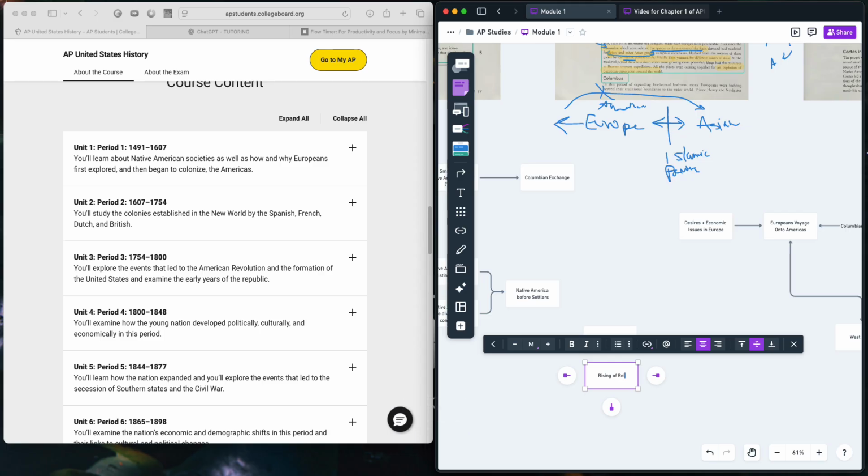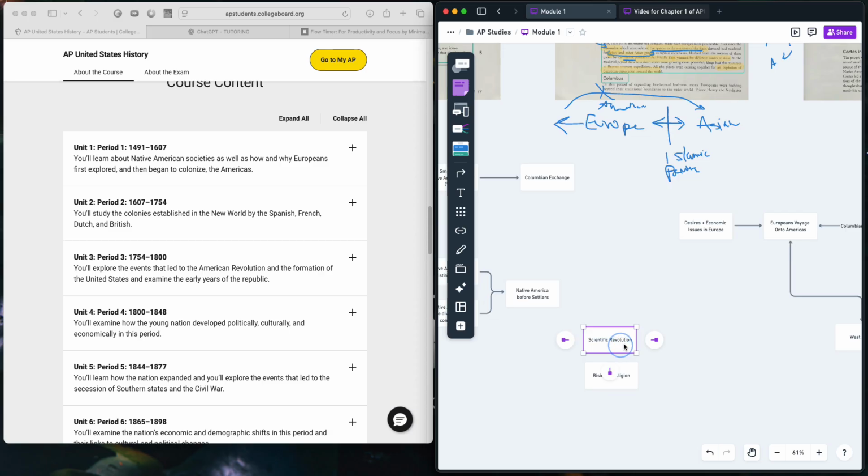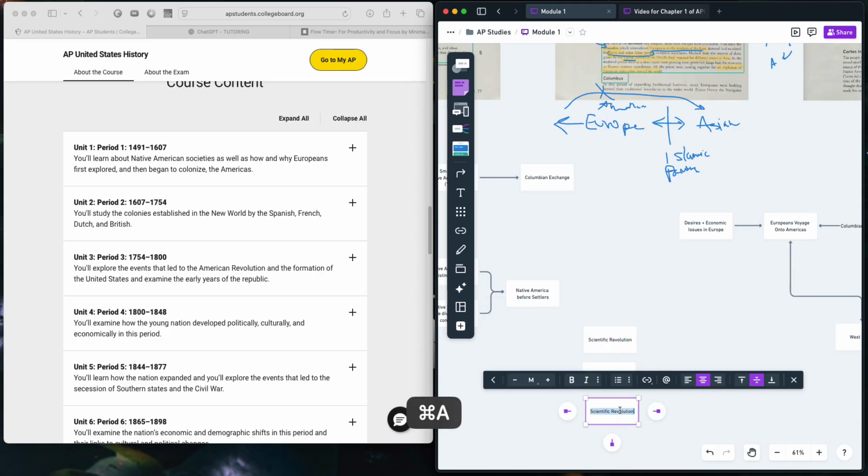Whatever works for us. And then there were some economic issues, right? So we've got Europe wanting to trade. So wants to trade with Asia.